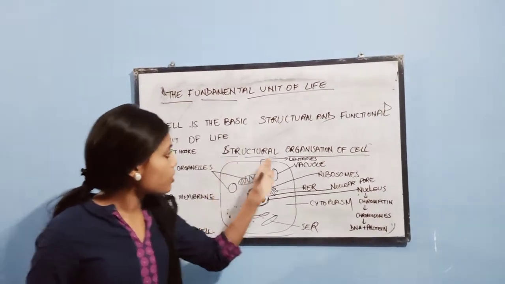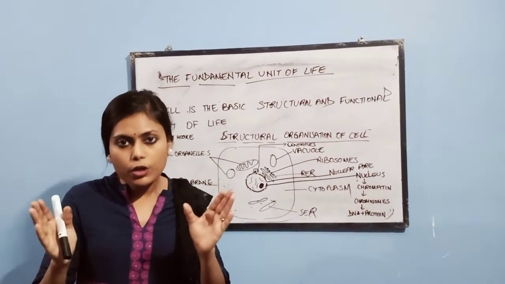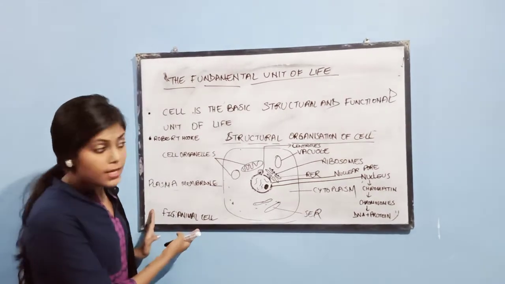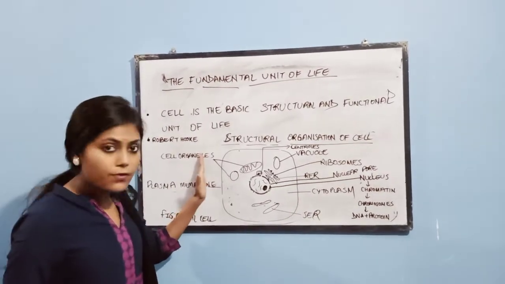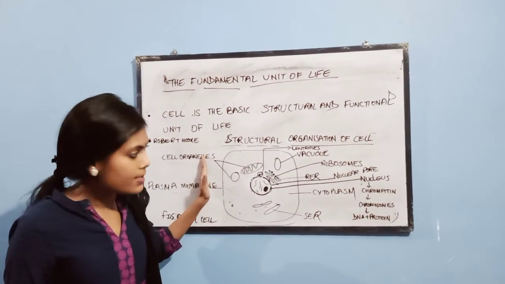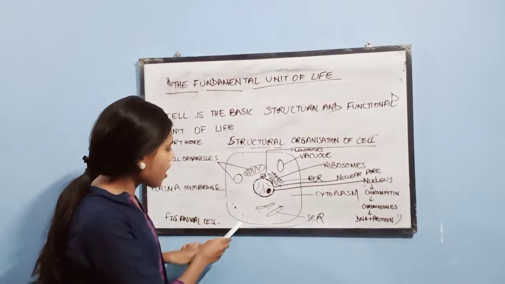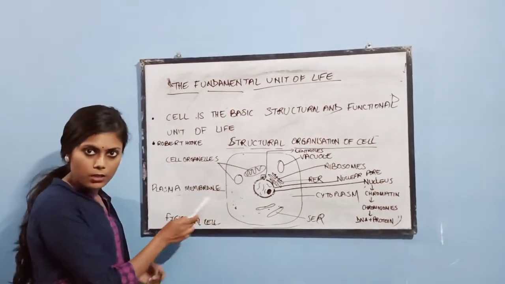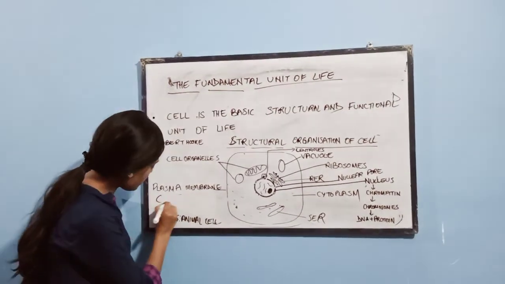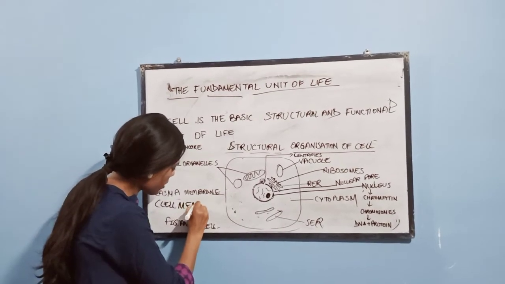Let us look at the structural organization of the cell. If you look into a typical animal cell, here we have taken the example of an animal cell. What are the different components of an animal cell? First of all, we have the outermost covering, which is called the plasma membrane or the cell membrane. What is its function?